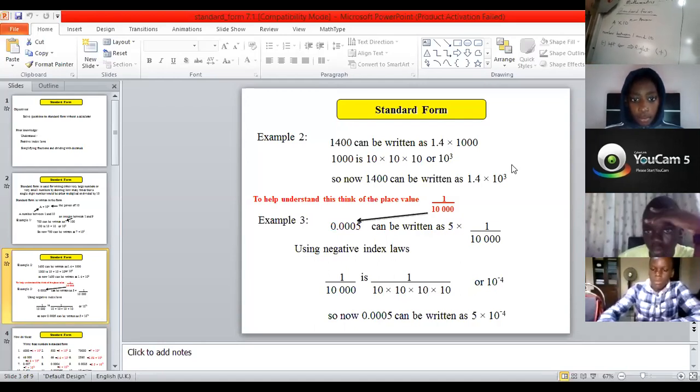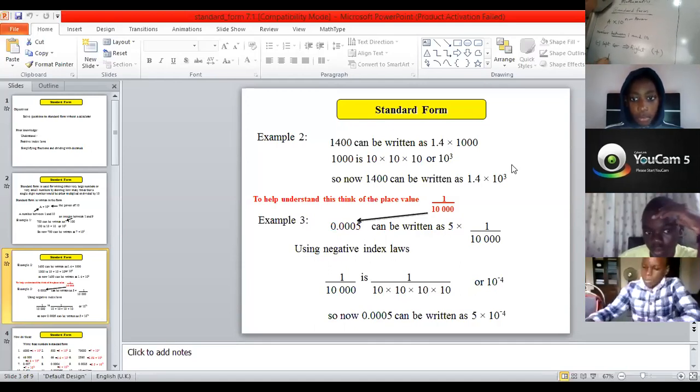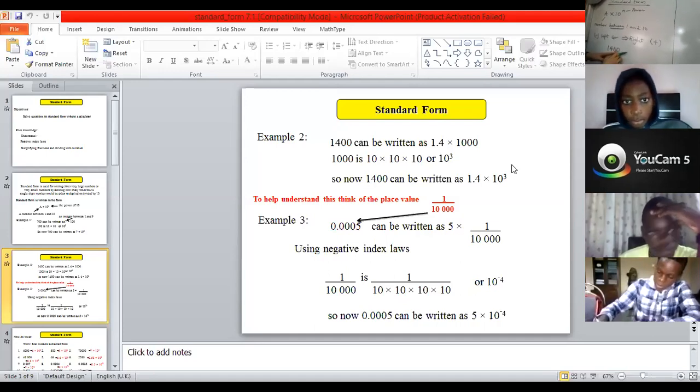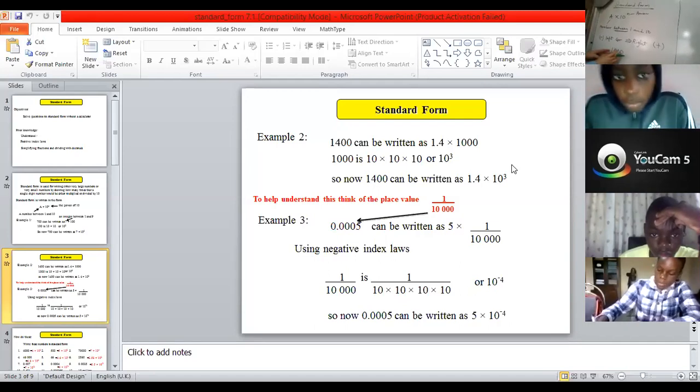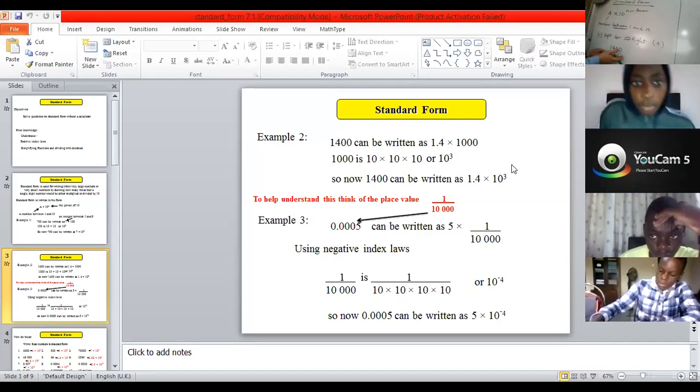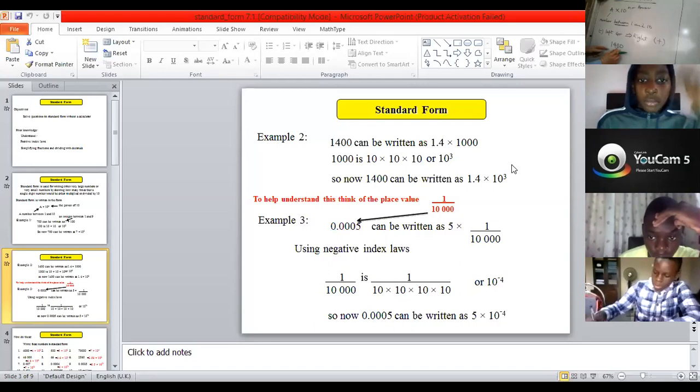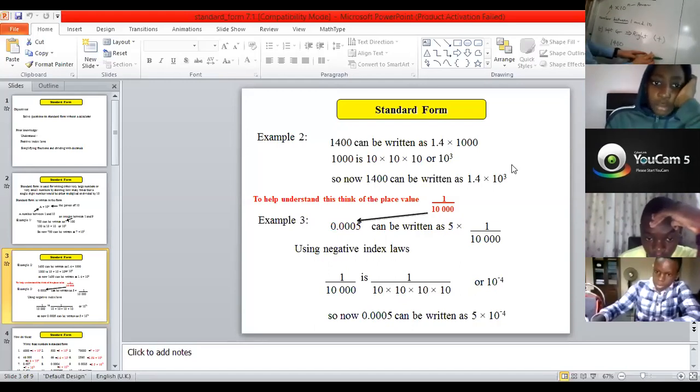I talked about 1400. Now you can see the power of 10 here is increasing in this format. The technicality of this means that when you want to write this in standard form, you are going to shift your decimal point towards the left. The power of 10 is increasing towards the right, that's why it's a positive value.